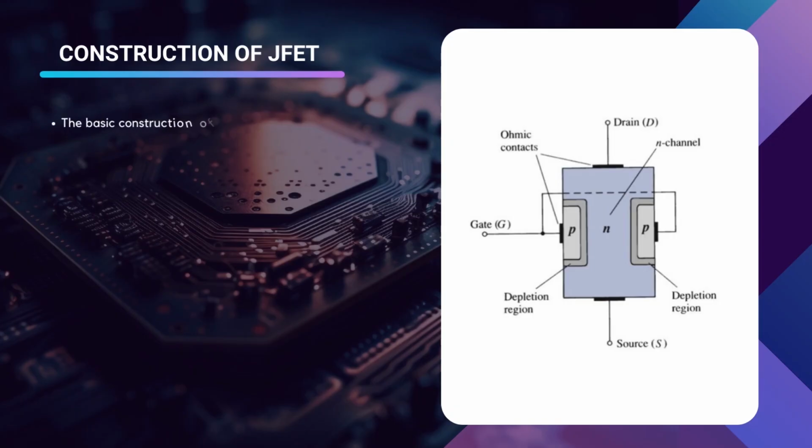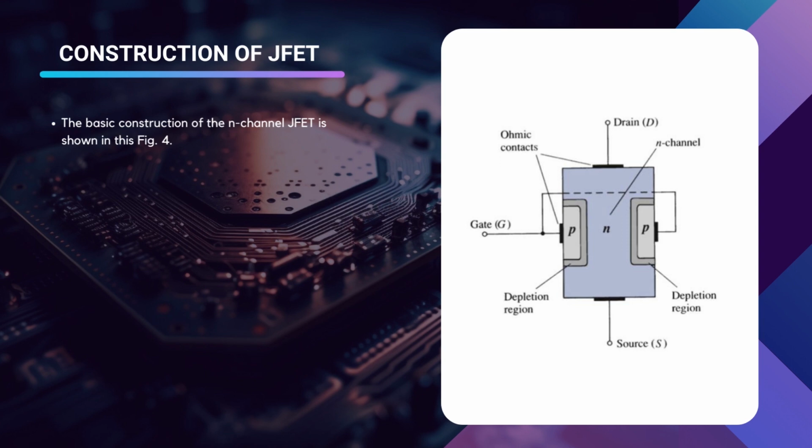So, this is the construction of an n-channel JFET as shown in figure 4. Here we can see there is a silicon bar which is of n-type, since it is an n-channel JFET, and there are two islands of p-type. These p-types are formed by the diffusion of holes, making it a p-type material.